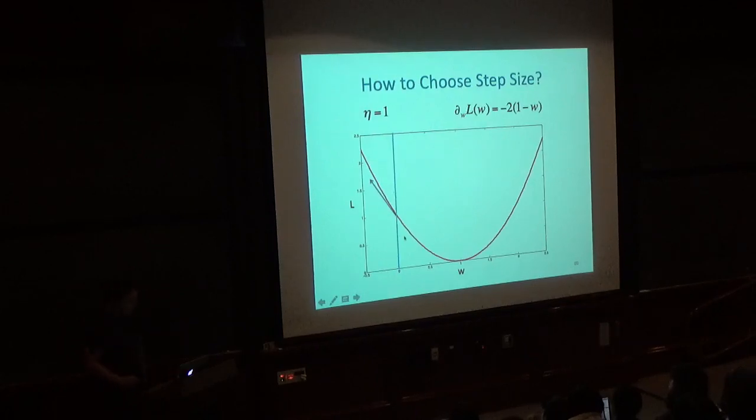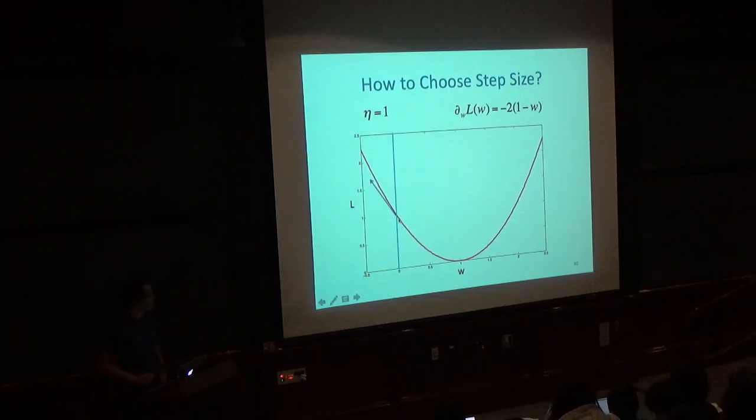Okay. And so the gradient at w equals 0 is simply this slope, this purple line. It's the tangent to the curve at that point. And it's pointed in this direction because that's the direction of steepest ascent of this loss function. So we're going to move in the opposite direction, to the right.